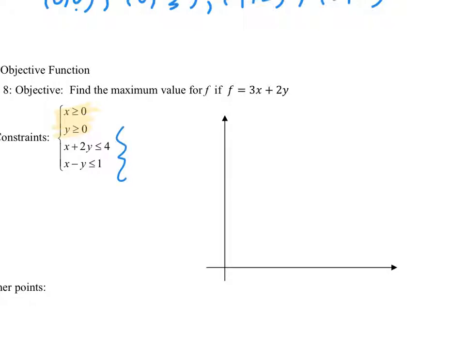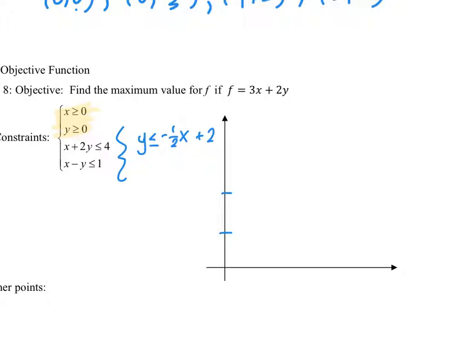And so x plus 2y less than or equal to 4 is not ready to be graphed. But when I move the x and divide by 2, I'll have y less than or equal to negative half x plus 2. Okay, when I get y by itself, it'll be negative half x. So I'm ready to graph that one.